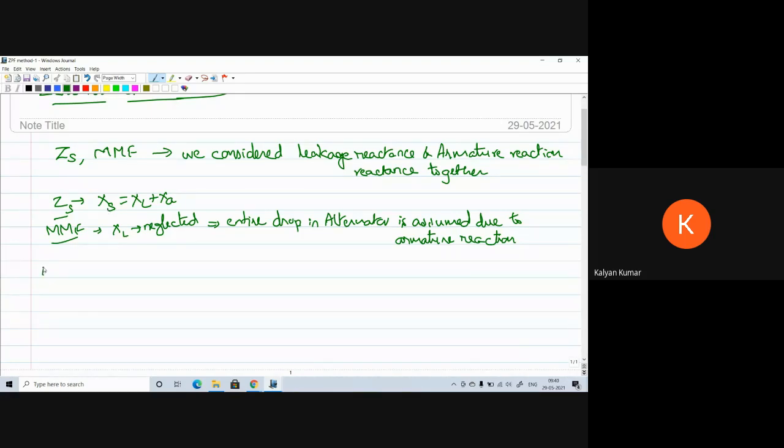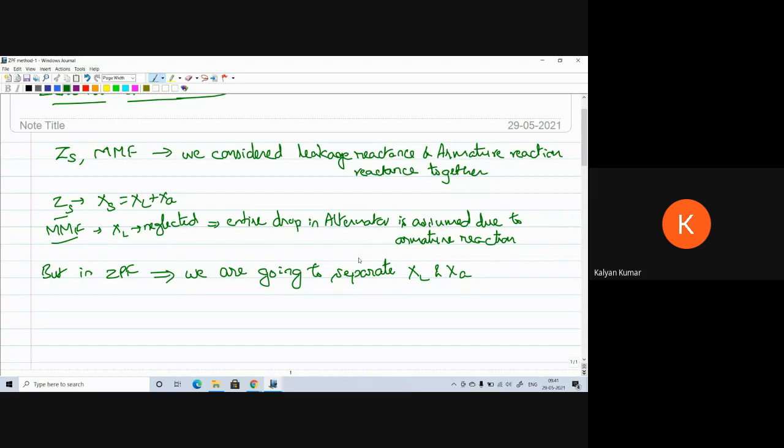But in the case of the ZPF method, what we are going to do is separate XL and XA. That means the leakage reactance effect and the armature reaction effect are going to be separated.